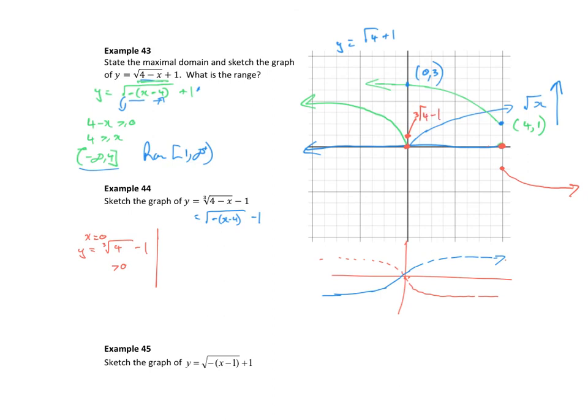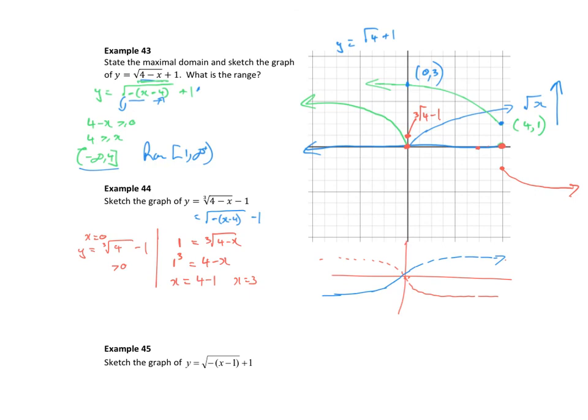X-intercept, put y equal to 0. So I get 1 is equal to the cube root of 4 minus x. Cube both sides, so 1 cubed is equal to 4 minus x. X is equal to, take the x across, the 1 across, 4 minus 1. So x is equal to 3. So 3 is about there.